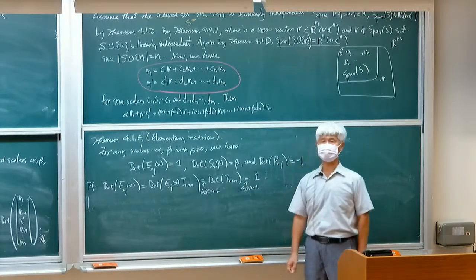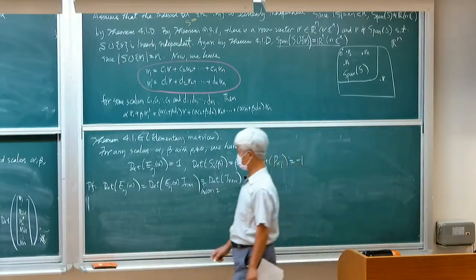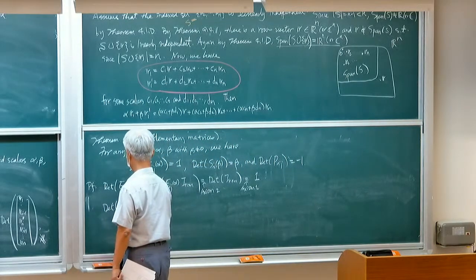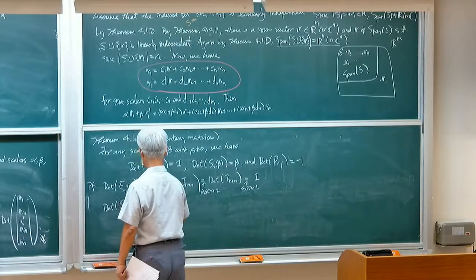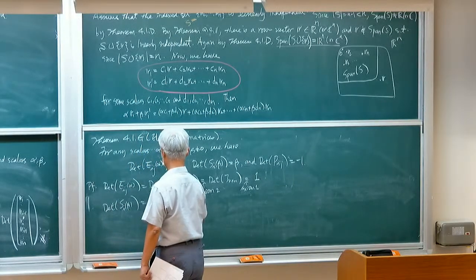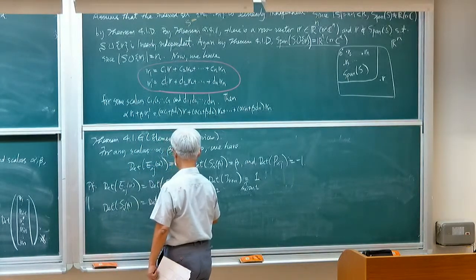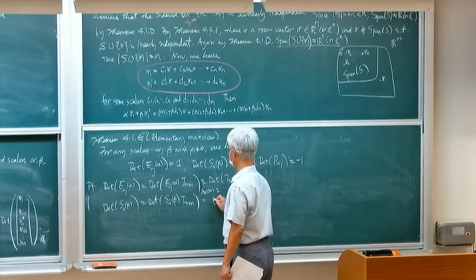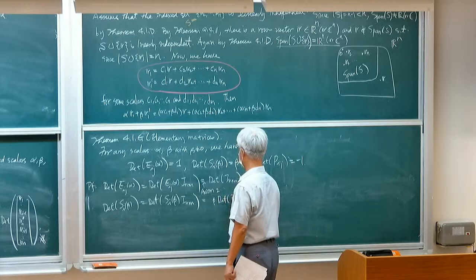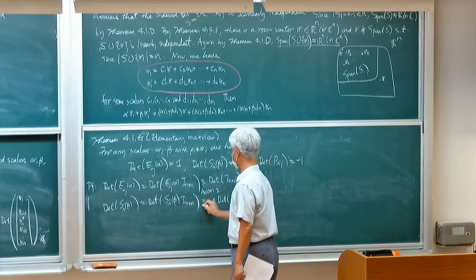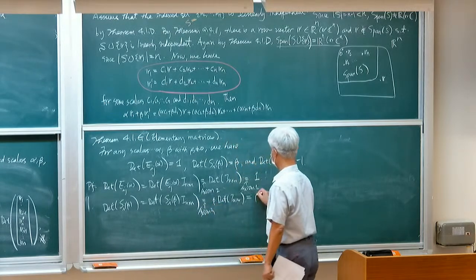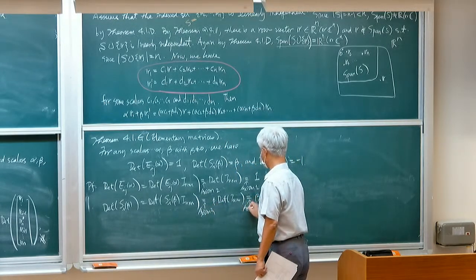Straightforward. How about E_i(beta)? This is the determinant of E_i(beta) times the identity matrix, and so this is beta times the determinant of the identity matrix by axiom number 3, and this is beta by axiom number 1.